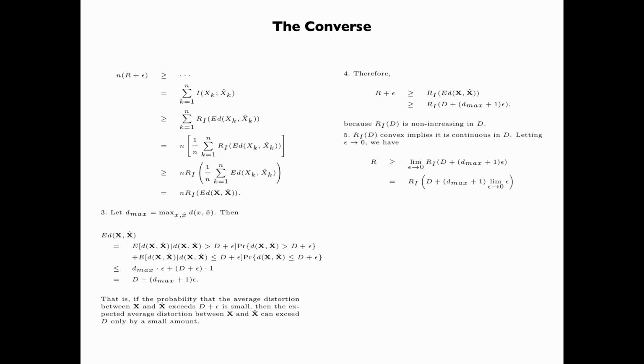By continuity, we can move the limit inside the function R_I so that this goes away, and therefore we have R greater than or equal to R_I(D). Finally, we minimize R over all achievable pairs (R, D) for a fixed D to obtain R(D) greater than or equal to R_I(D). This completes the proof of the converse of the Rate-Distortion theorem.